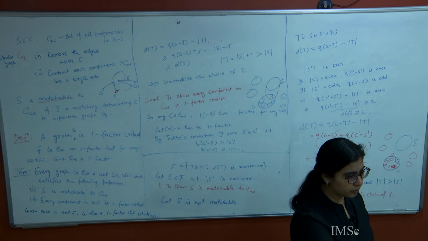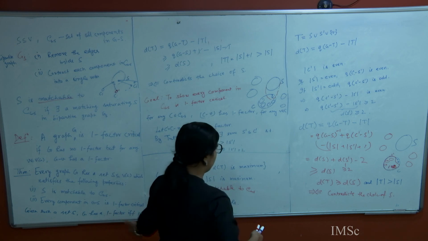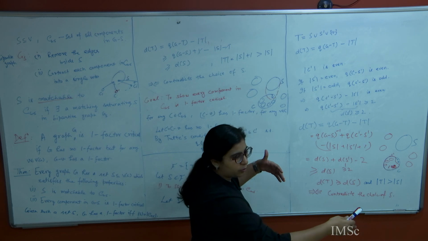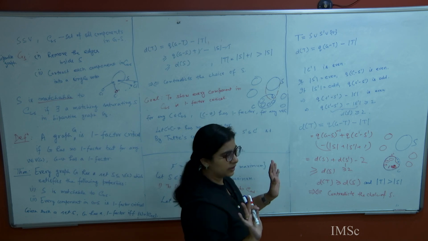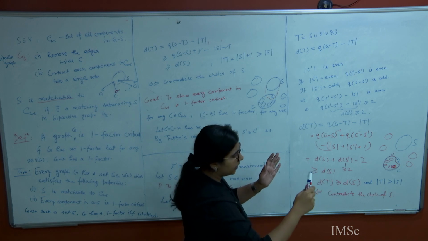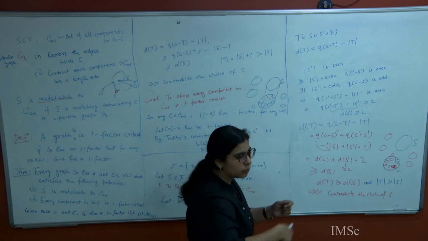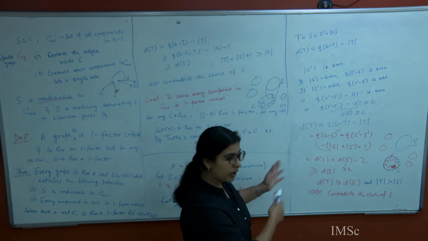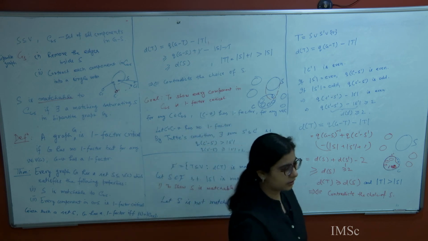You can just assume the argument in Tutt's condition: because you have a one-factor, you have this set S and these odd components, and the number of odd components cannot be more than the cardinality of S, right. So forget about Tutt's condition, but you can give this argument that the cardinality of S cannot be less than the number of odd components, because in that case you won't be able to match those odd components to S, but you have a one-factor, right. So you argue in that way, don't use Tutt's condition, that is okay.